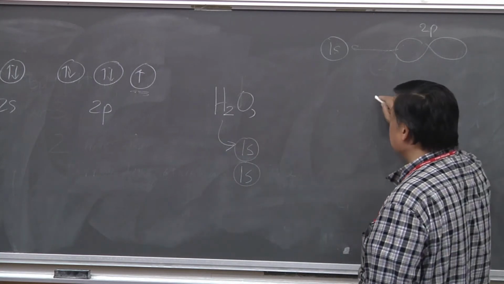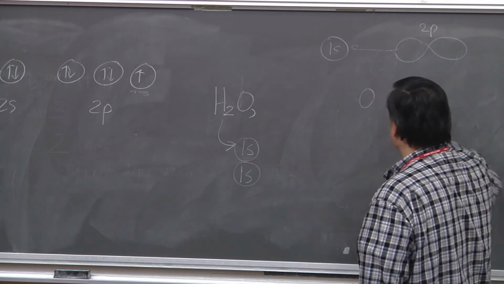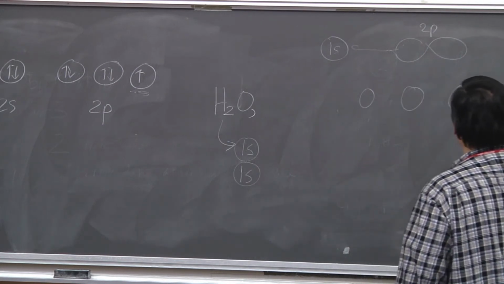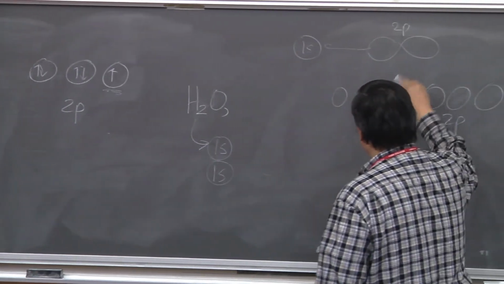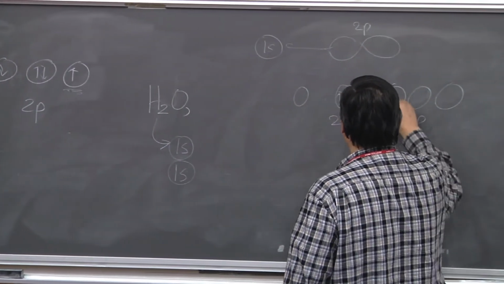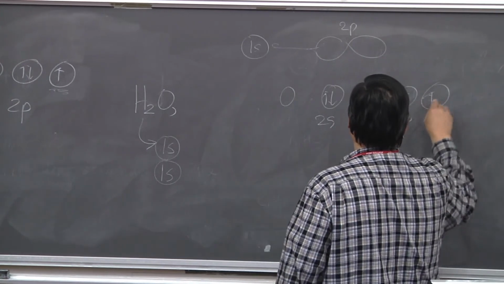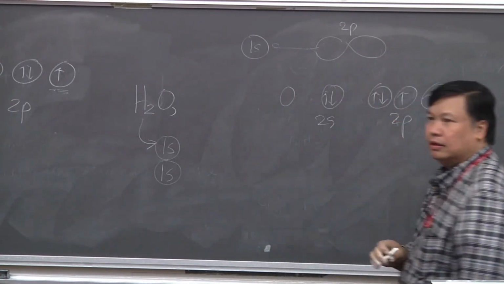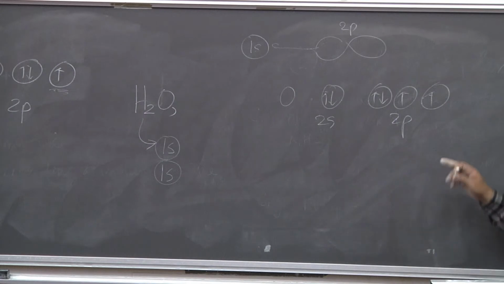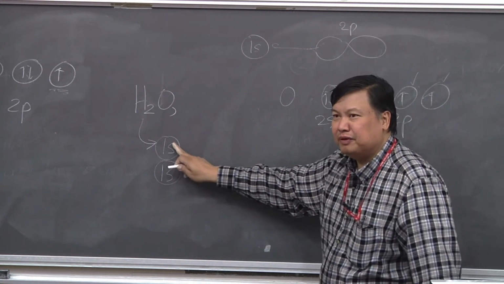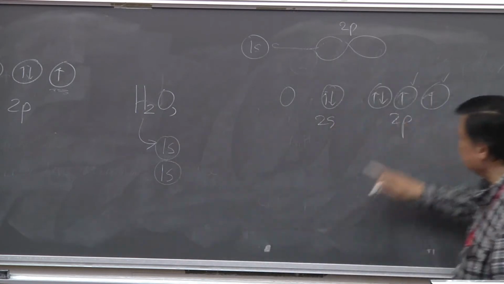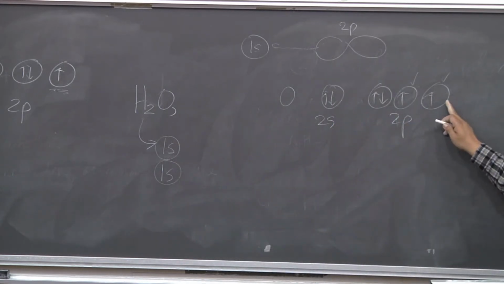If I draw the valence of oxygen, how does it look like? Okay? So I'm going to use this one and this one. This one overlapping with one of the 1s, and then this one overlapping with the other 1s.